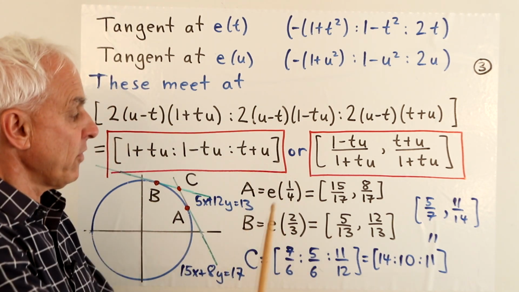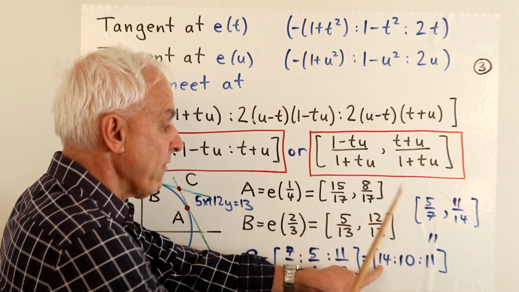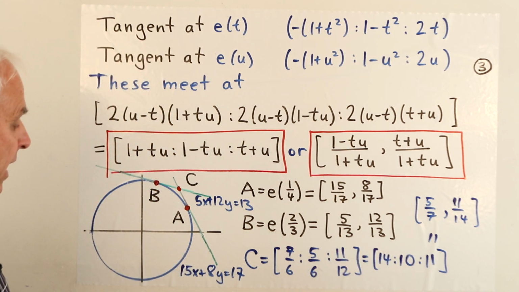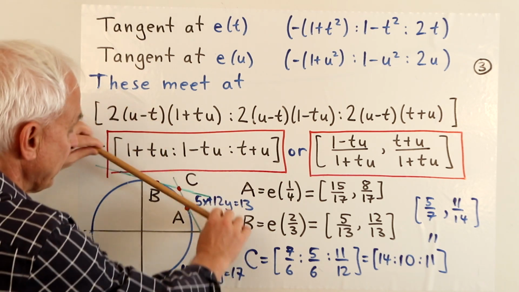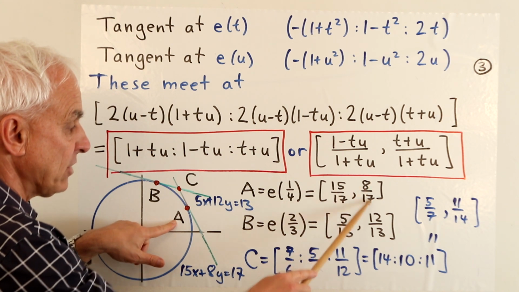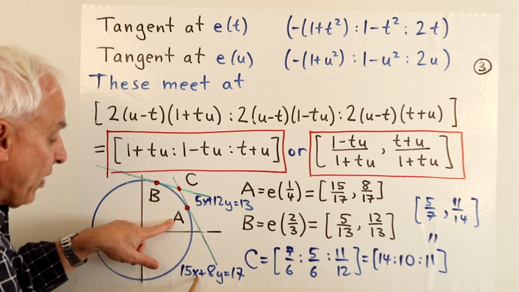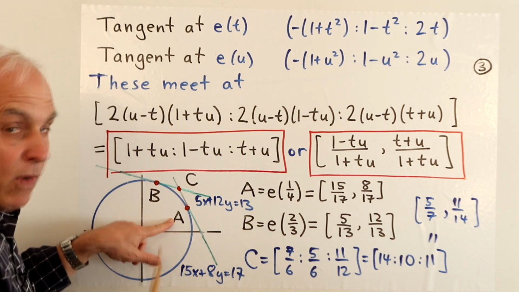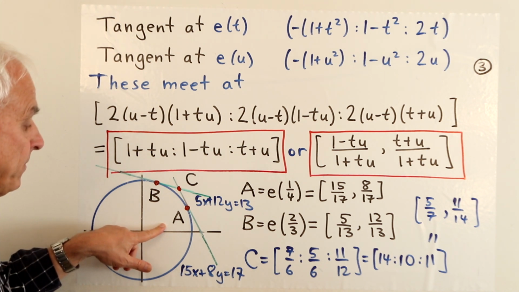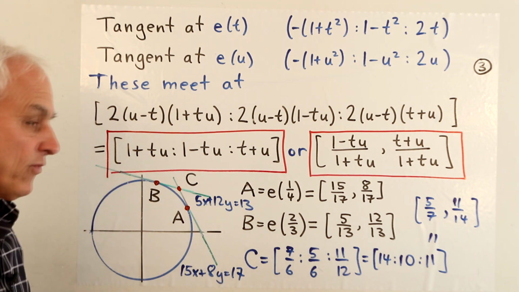And then if we want to convert it to affine coordinates, we divide by the first term, giving us 10/14, or 5/7, and 11/14 as the y-coordinate. And I'm showing you also the equations of the tangents here. The tangent to A, since A is (15/17, 8/17), the tangent line is just 15/17 times x plus 8/17 times y equals 1; multiplying through by 17, 15x plus 8y equals 17. And similarly, for B, the tangent line is 5x plus 12y equals 13.